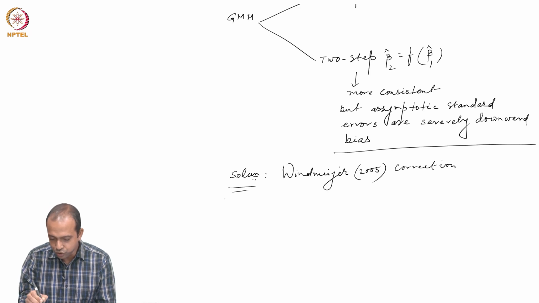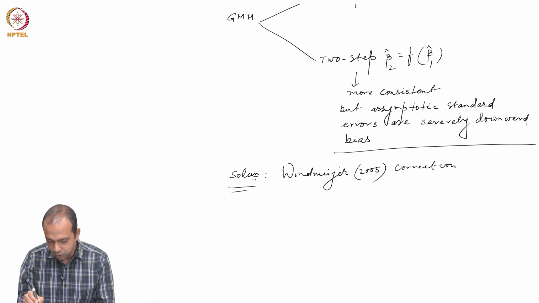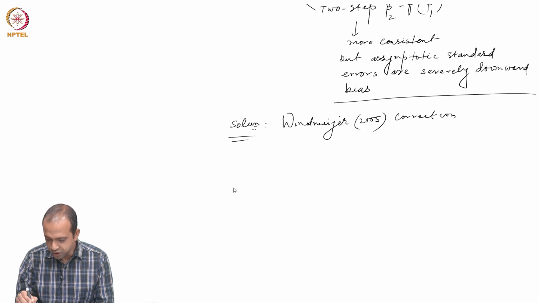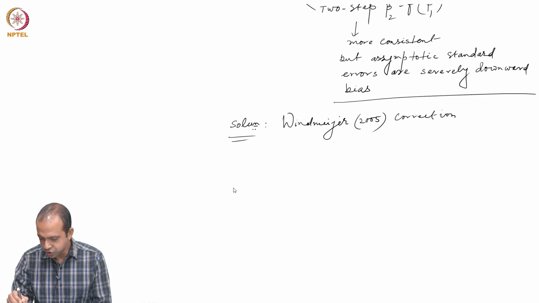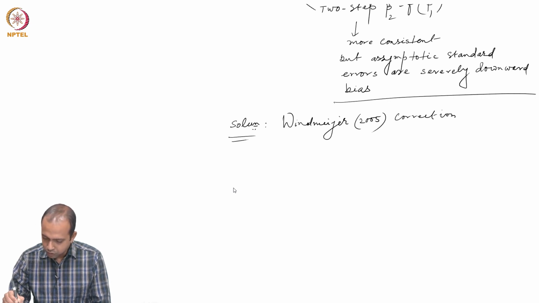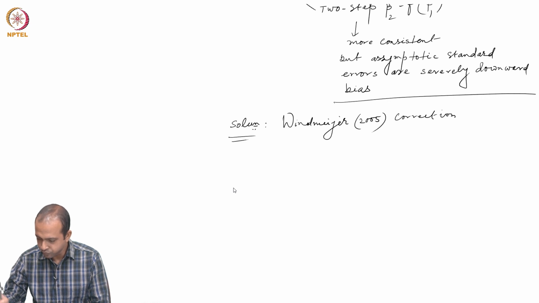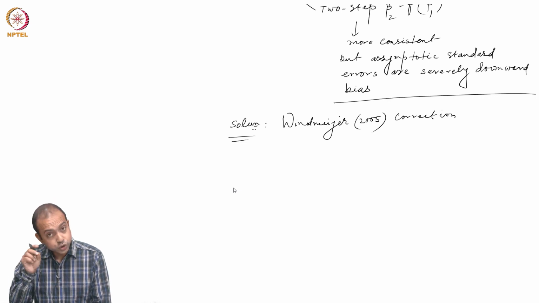Then what we need to put within the two-step GMM is robust.